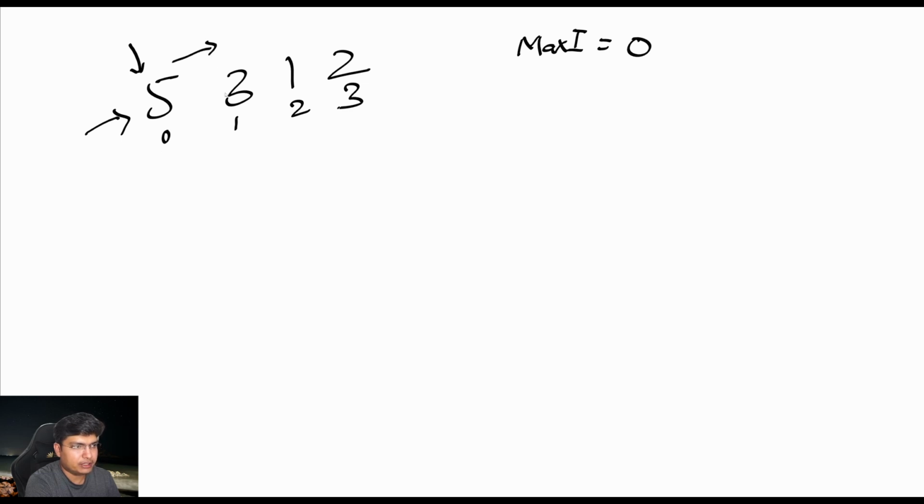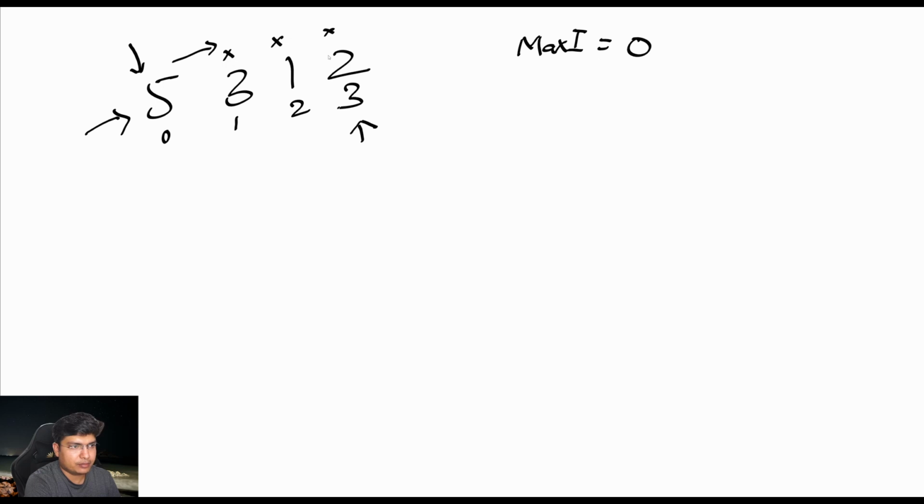I compare whether this number is greater than the number at max I. No, no, no. So in this case, there is no number that is greater than max I. When I have reached the end of the array, max I is still 0.